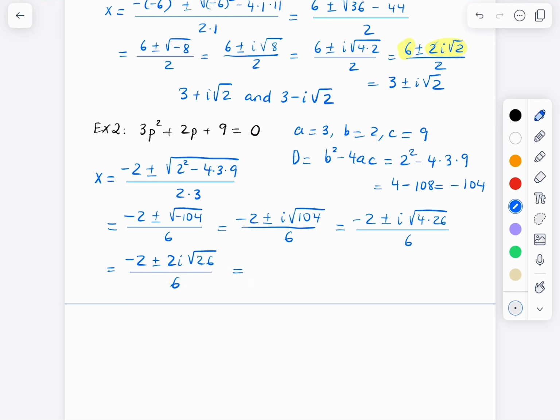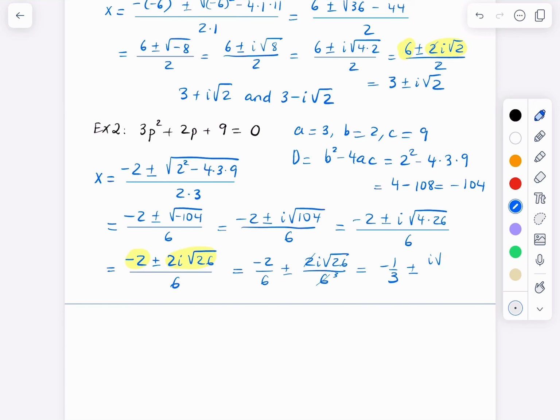Again, I am going to split this up. We're going to divide each term up here by the denominator 6. So it's going to look like this. Negative 2 over 6 is going to be a fraction, so that's going to be negative 1/3. Plus or minus 2 and 6 there: 2 divided by 6 will give you 3 on the bottom.